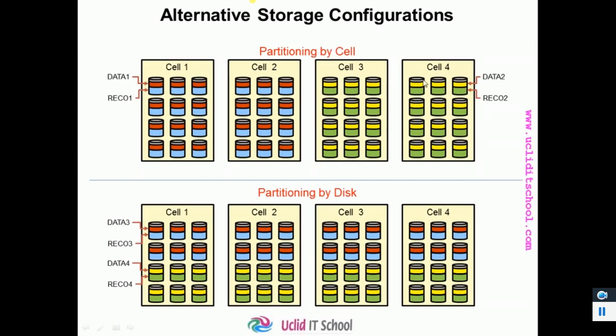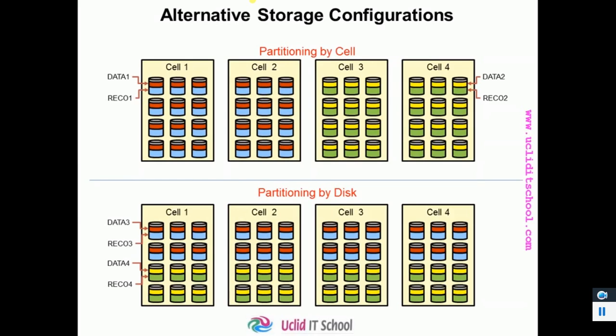And the next 2 storage servers are allocated to another database. Maybe for compliance reasons, you don't want to share the storage. In that case, you can split the storage by cells. But in this case, you are losing IO bandwidth. You are distributing IO between 2 cells only instead of all the 4 cells as mentioned in this slide.